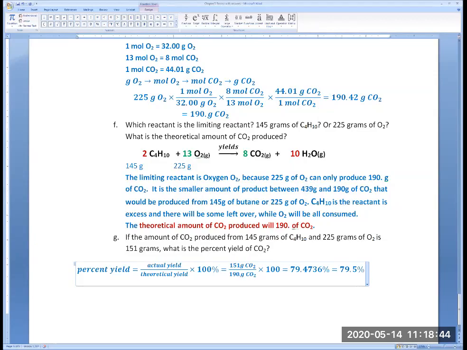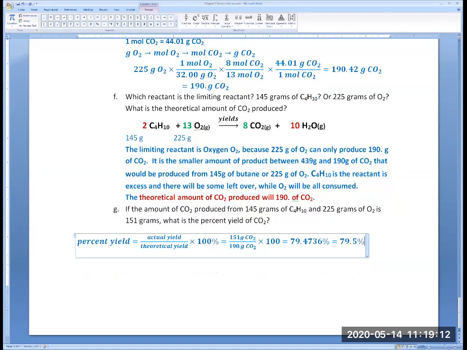In reality, reactions don't always go to completion, and there can be losses. So that's why it's rare to have 100% yield. So here, 79.5. It's not too bad, but it could be better depending on if it is important or not to have a good yield. Oh, and that's the end.